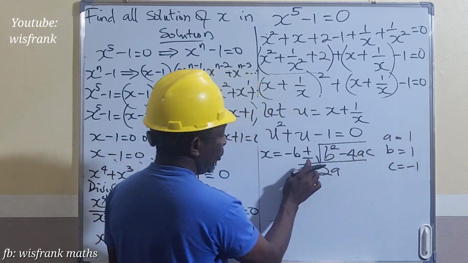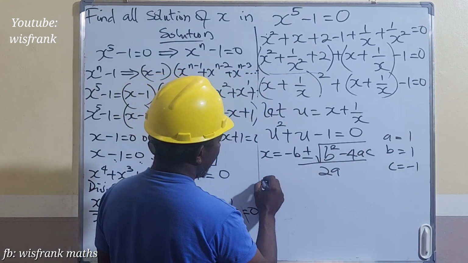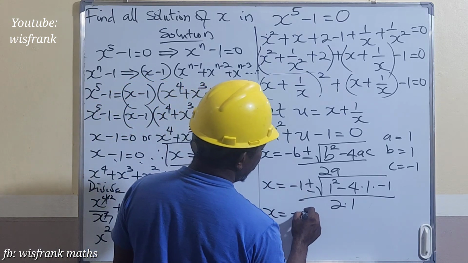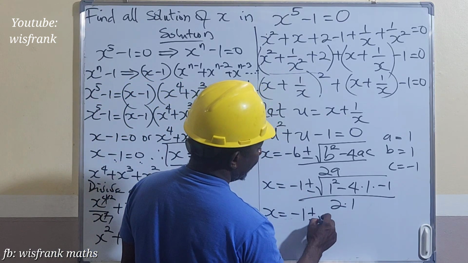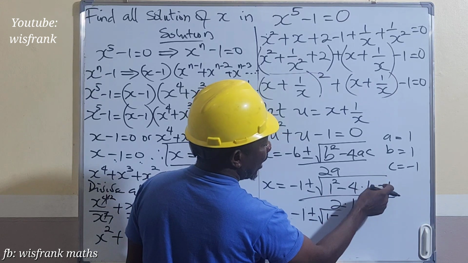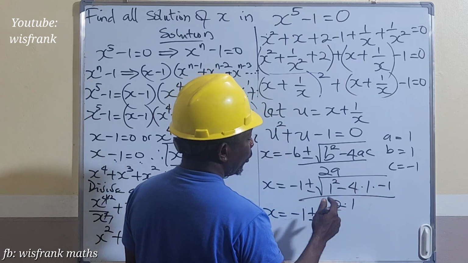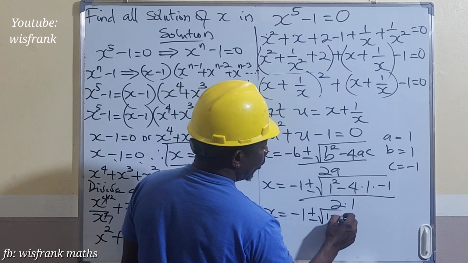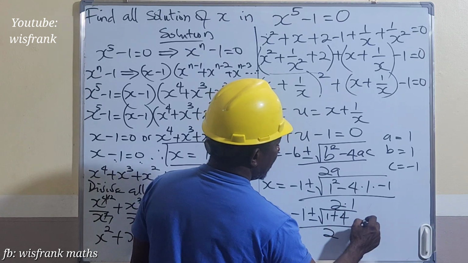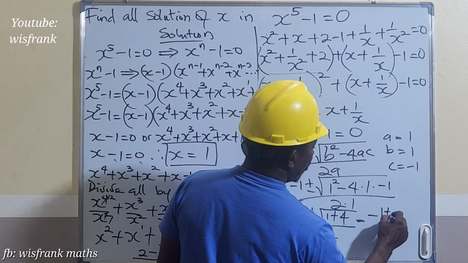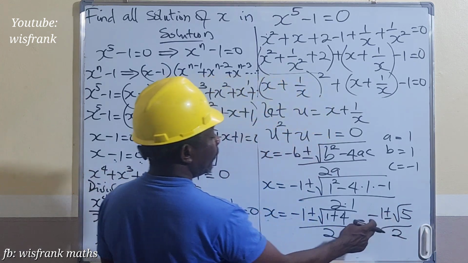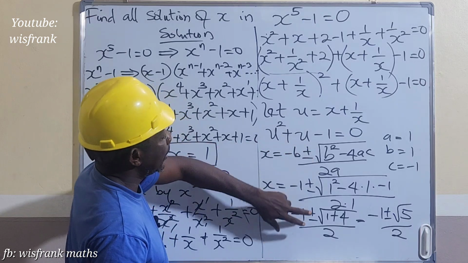Substituting these parameters into the formula, the value will be minus 1 plus or minus square root of 1 squared, which is 1, minus 4 times 1 times minus 1, which is minus minus, so plus 4, all over 2. So we have minus 1 plus or minus square root of 5 all over 2. So this is the value of x.